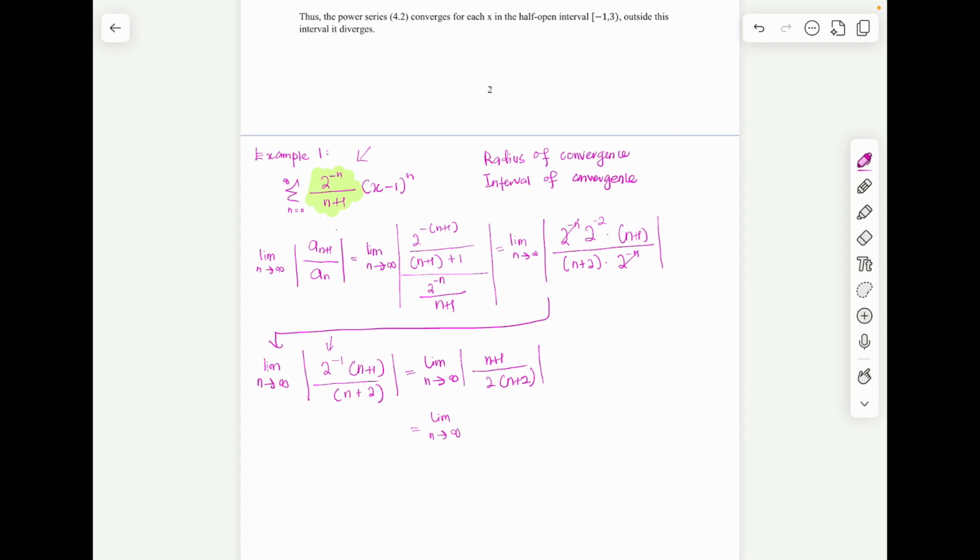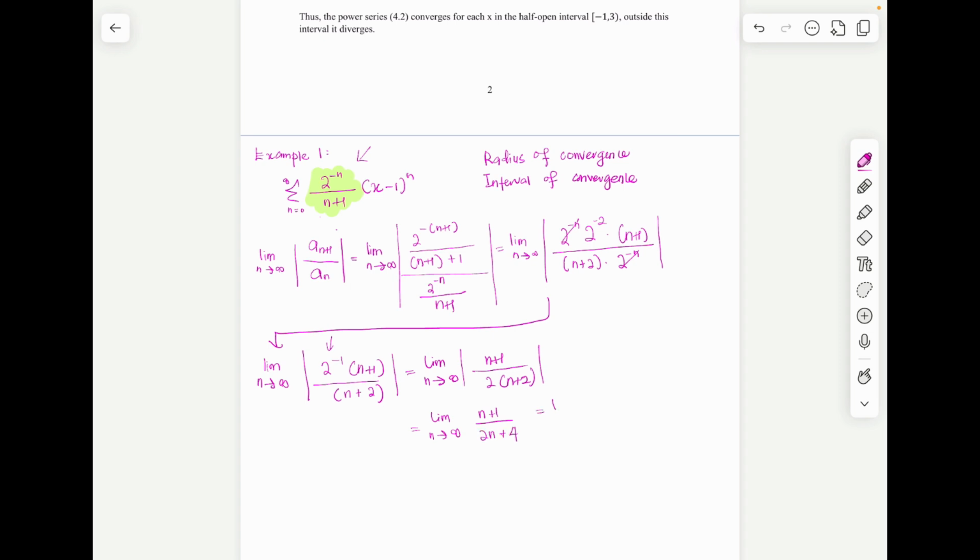At this part, I would just remove the absolute value or modulus, because we know the value will always be positive even without the absolute value. So I write it without the absolute value. I expand the denominator, it becomes 2n+4.